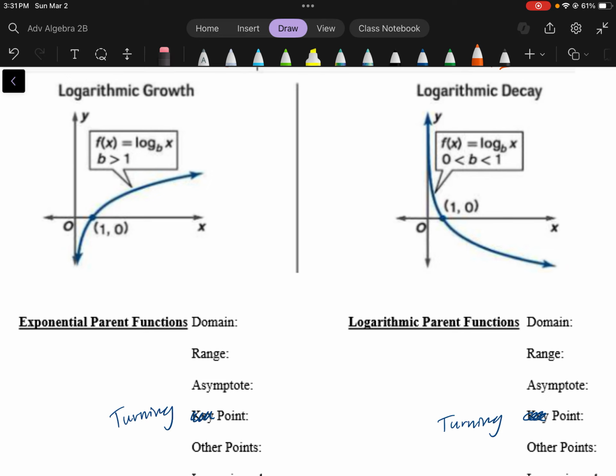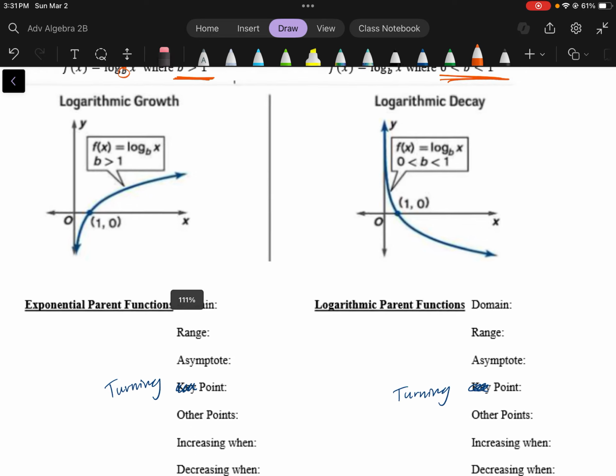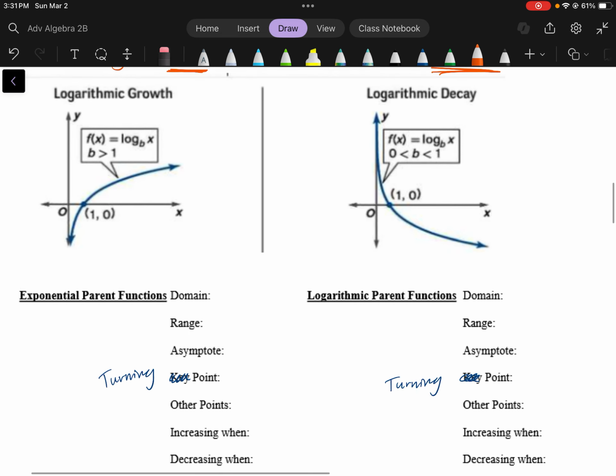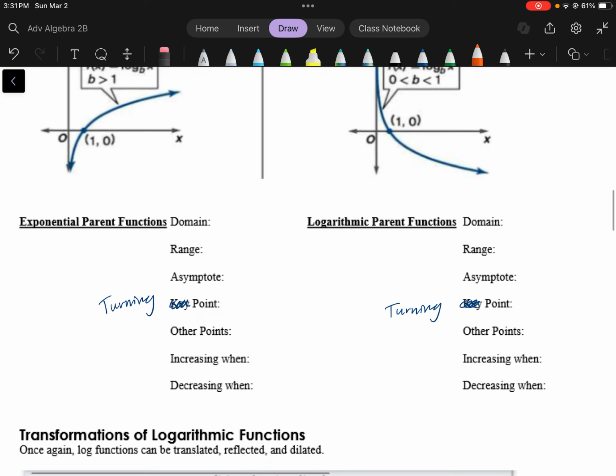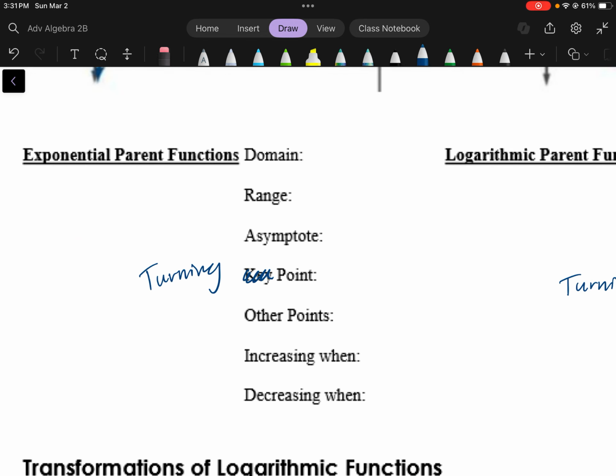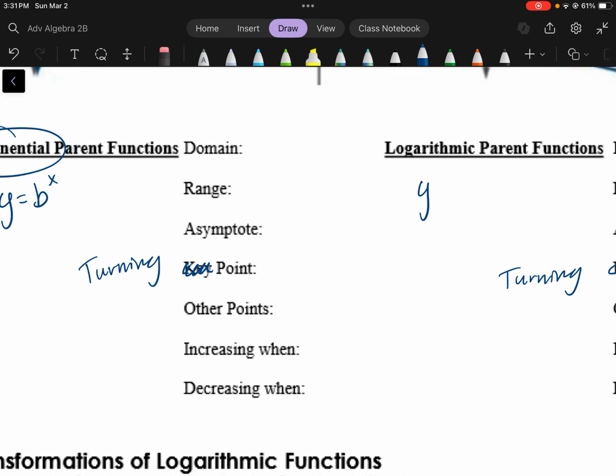It's going to be important for you to remember the differences between the exponential parent function and the logarithmic parent function. Because we're going to do transformations for both, but if you start in the wrong spot, then you're going to apply the transformations incorrectly. So exponential was y equals b to the x. Logarithmic is now y equals log base b of x.